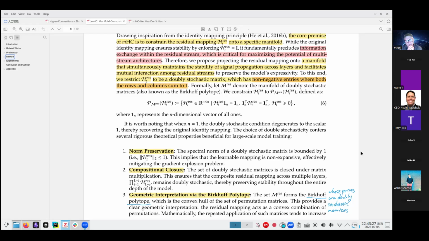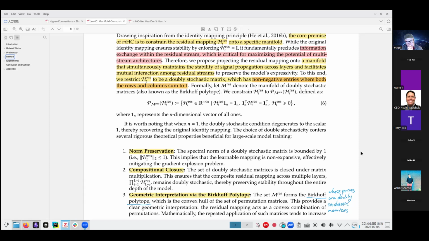So if you want eigenvalues all plus or minus one, I believe what you want is an orthogonal matrix. Orthogonal matrices preserve the L2 norm instead of the L1 norm. I believe there may be some reasons why orthogonal matrices are not great, because they might not do as much mixing as doubly stochastic matrices.